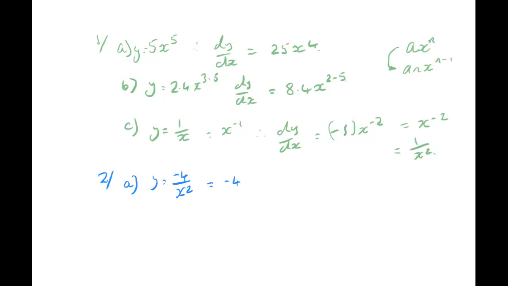Change the sign. So dy by dx is equal to -2 times -4 x to the -3. -2 times -4 is +8 x to the -3.